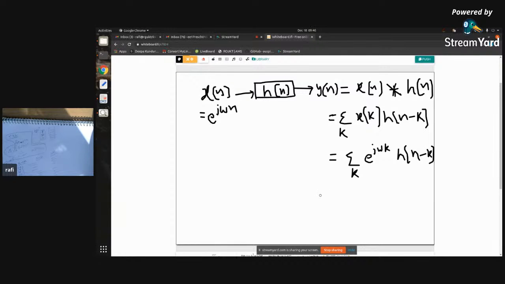Now you can put n minus k as some p. Let n minus k be p. This will be a summation over p, and the limits won't change, from minus infinity to infinity. In the place of k, you will have n minus p.